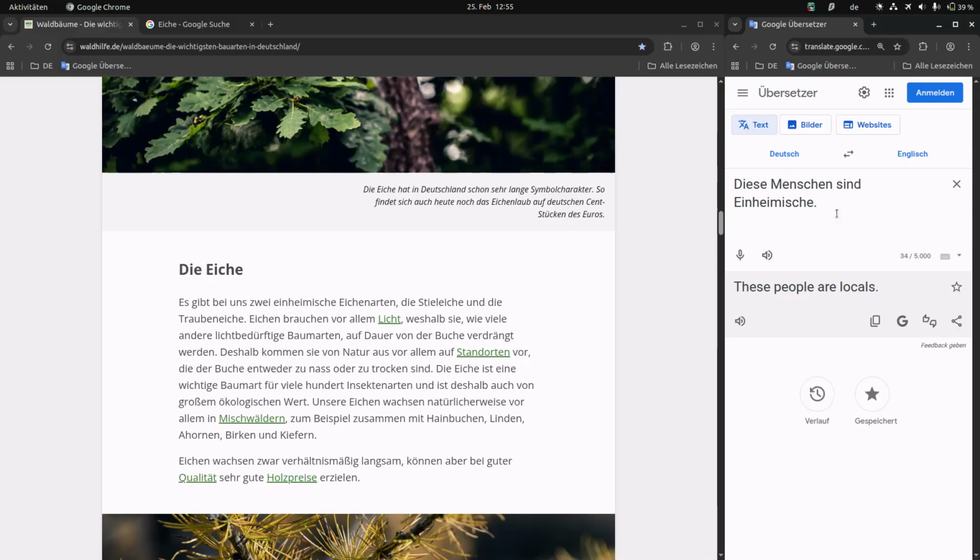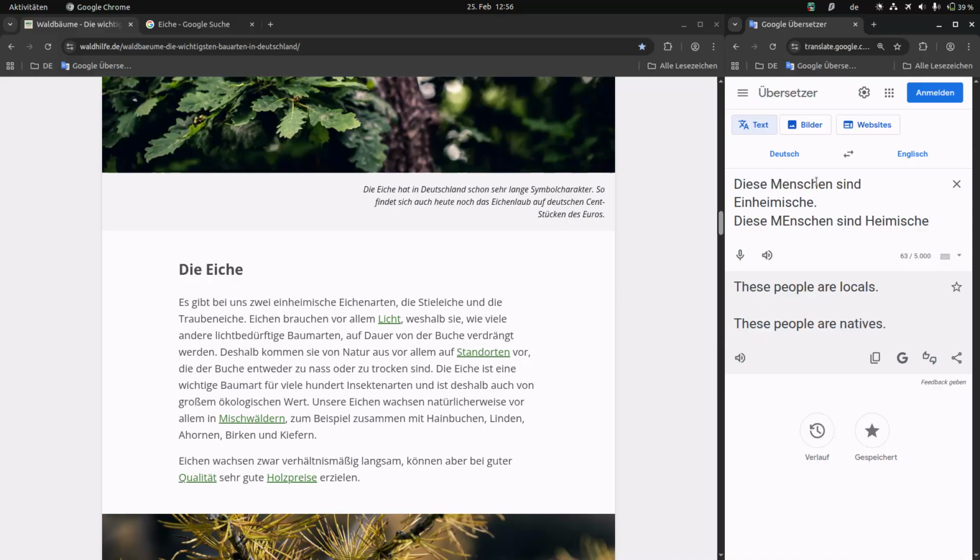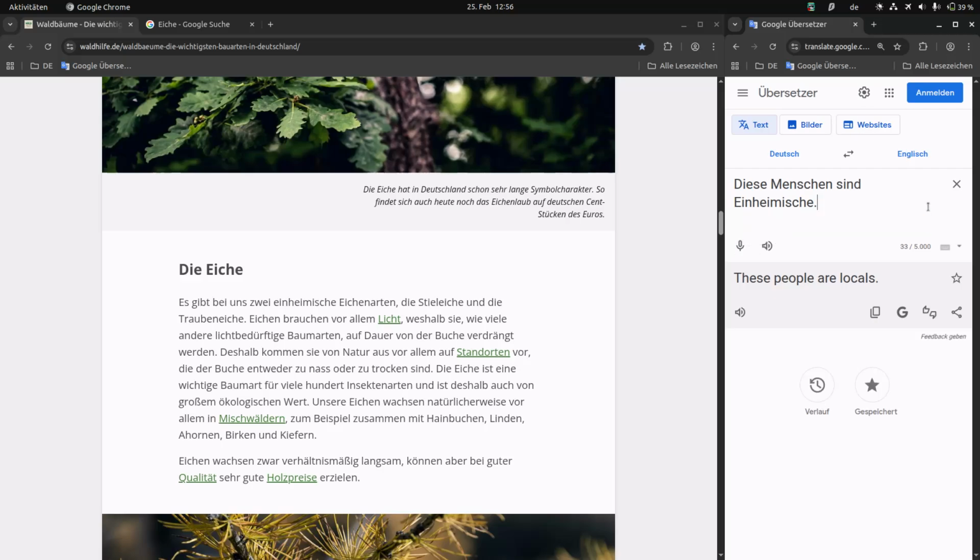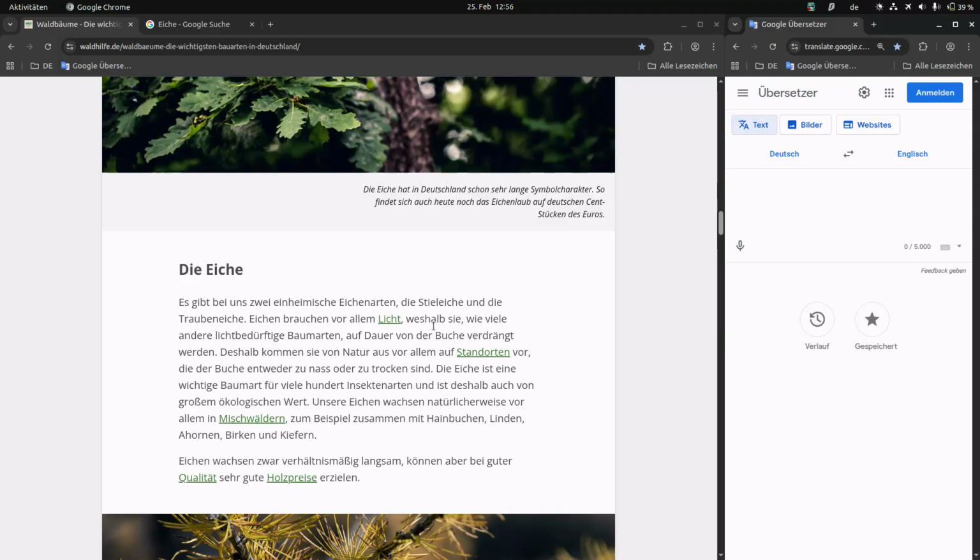What you wouldn't say is diese Menschen sind heimische, because this is not a word. It's a derived form of heimisch and einheimisch. I don't know, I think there's not a big difference between the two words, but if I think about it, einheimisch is probably more in terms of geographical, whereas heimisch is more of a feeling, but I've never thought about it.